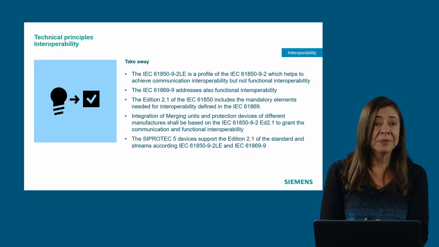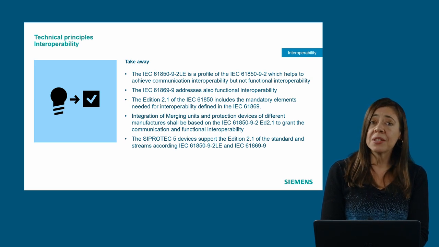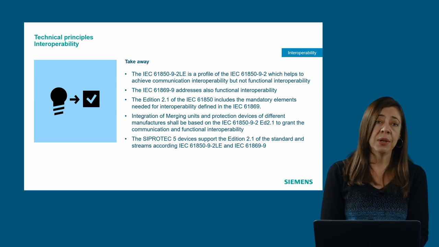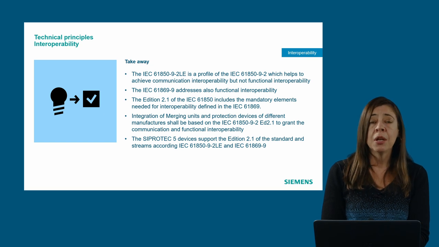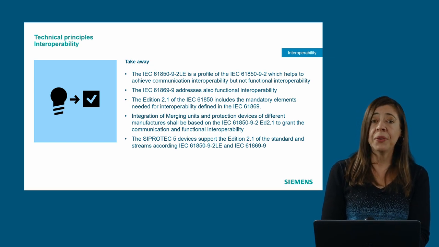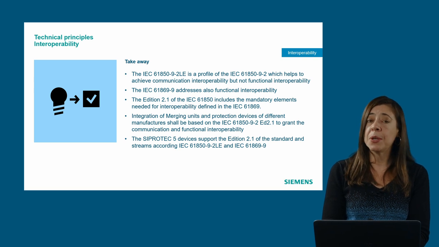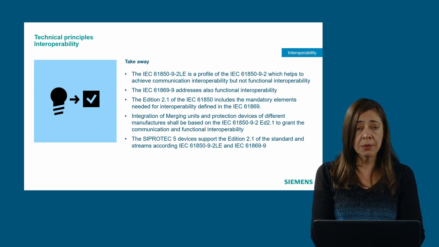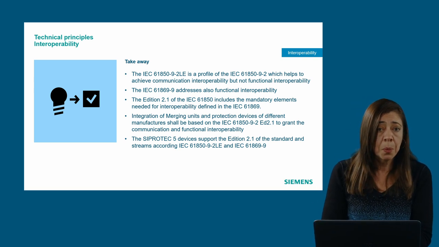To take away, the IEC 61850-9-2 Light Edition is a profile of the IEC 61850-9 and helps us with the communication interoperability, but not with the functional interoperability. This functional interoperability is addressed by the IEC 61869-9, which is the standard of the instrument transformers.